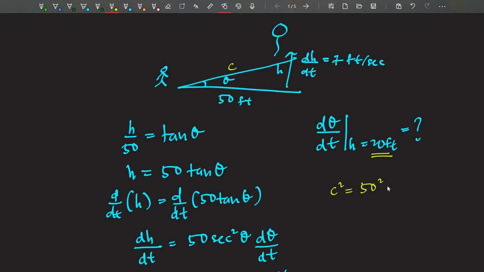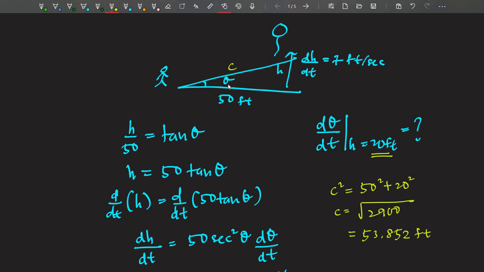So 50 squared plus 20 squared, and then c is equal to root of 2900, which is 53.852 feet.